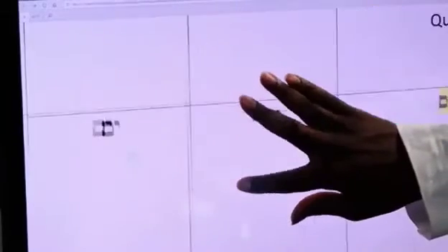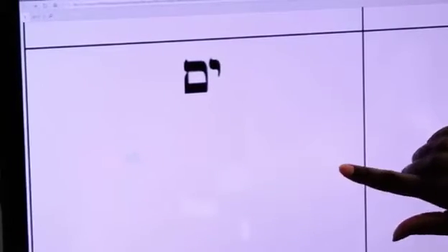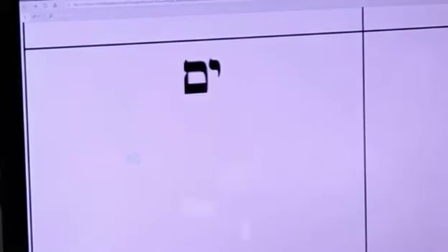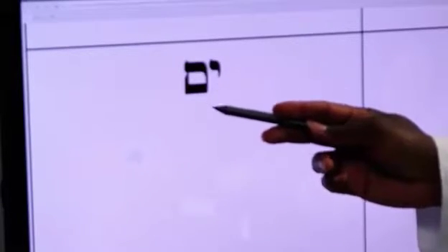Let's see if we have some more examples. I think we have at least one more example here. One moment. We see here with the suffix yum, that the letter ma, because it's the last letter of the word, is taking on its ending form.